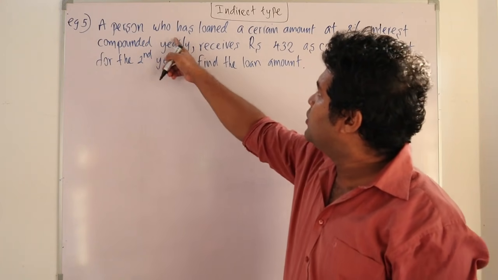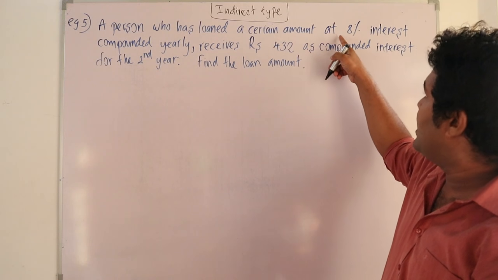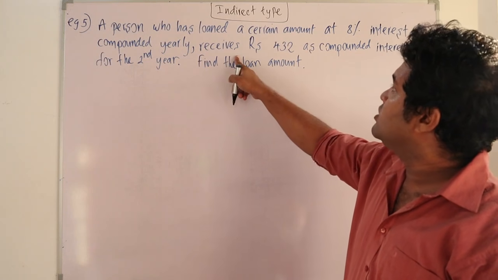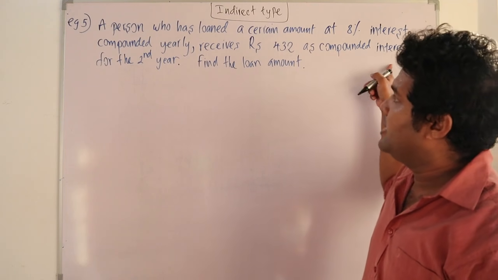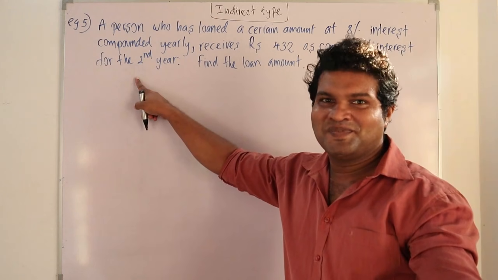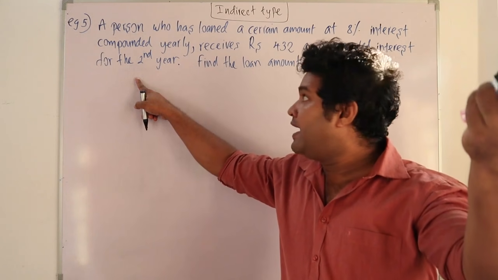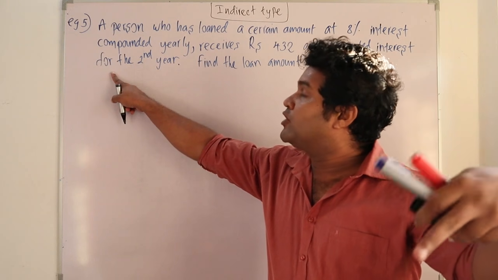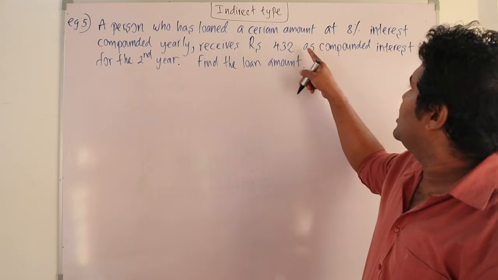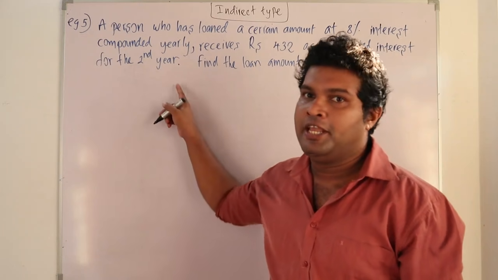A person who has loaned a certain amount at 8% interest compounded yearly receives 432 as compound interest for the second year. In the previous one, it was after 2 years. But this question has 432 as compound interest for the second year.